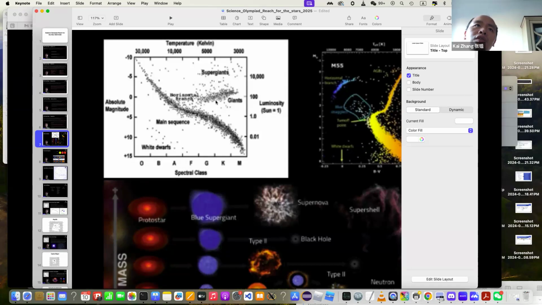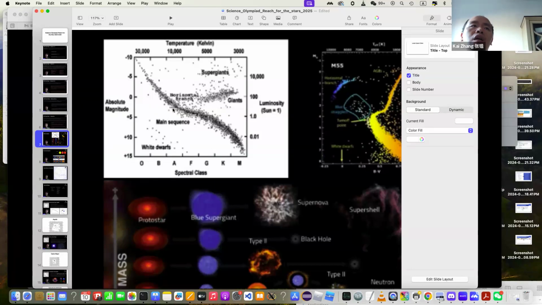So when it evolves along the HR diagram, if it evolves off the main sequence... The main sequence is called the main sequence because it is a sequence on this HR diagram. And that sequence tells you there is almost a one-to-one relationship between the absolute magnitude and the spectral type, basically the color.